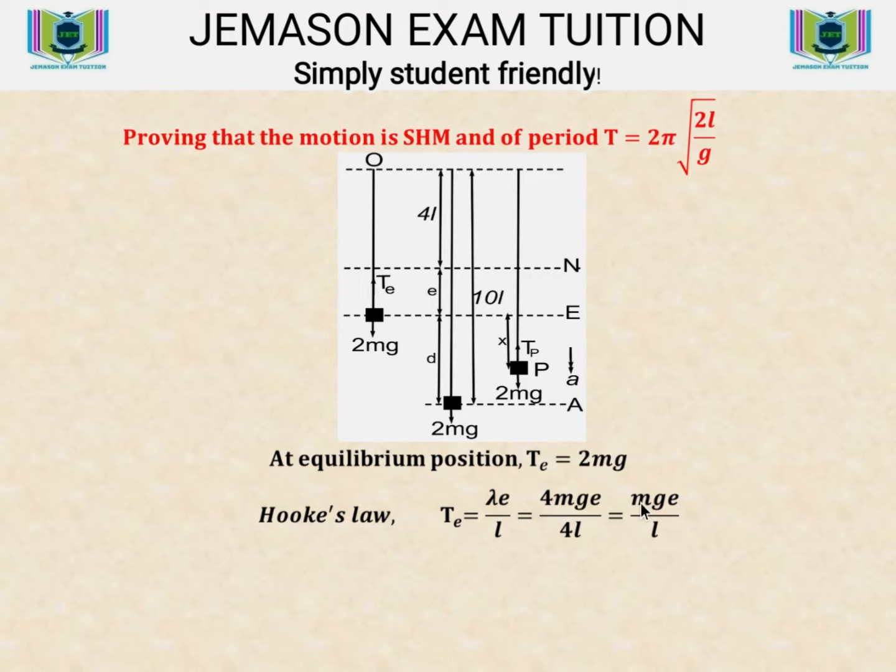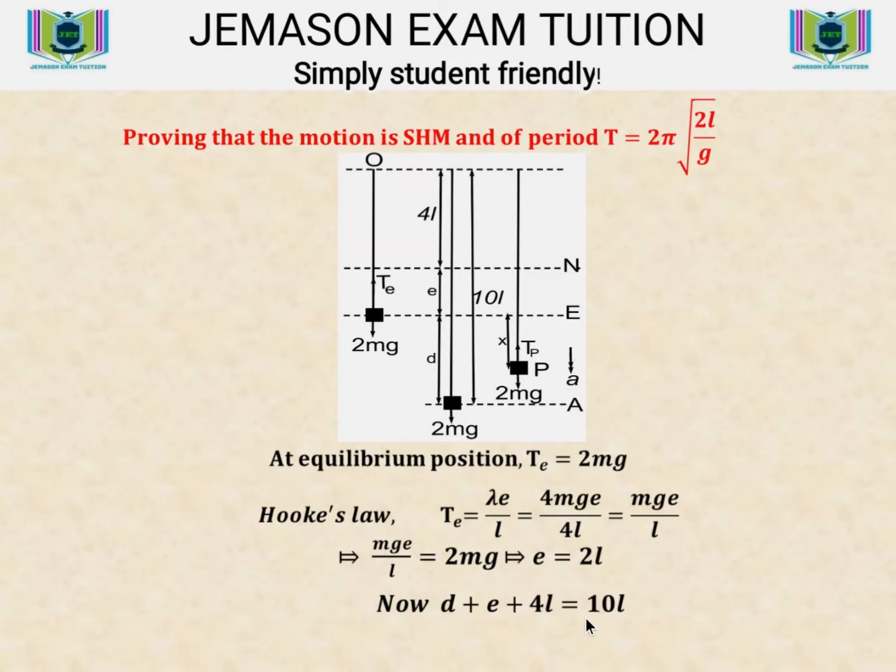So simplifying, we get that at equilibrium the tension is mge/L. If we now equate it to the weight, we have that mge/L equals 2mg, the mass times the acceleration due to gravity, which gives the weight. And from here we can solve for e, the equilibrium extension, as 2L.